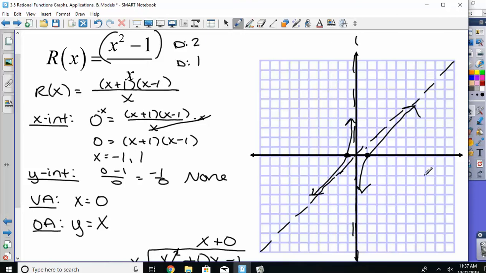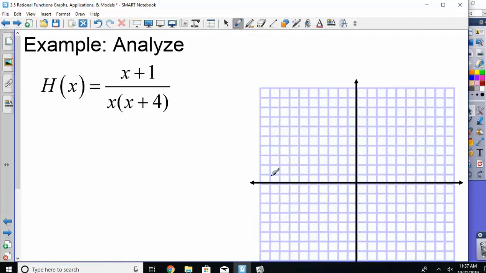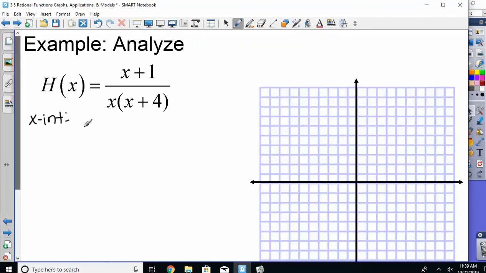Why don't you guys take a look at the next one and see how much stuff you can work through. Factor on this one. X-intercepts, when you set the whole thing equal to 0, or the shortcut is really just set the top to 0.